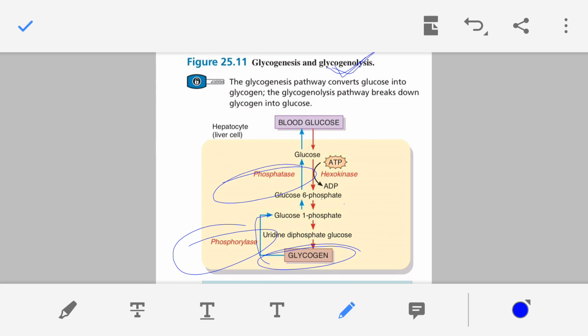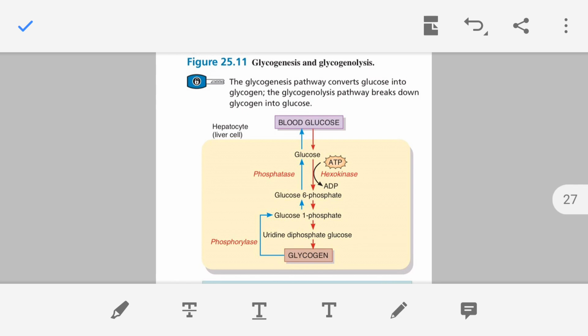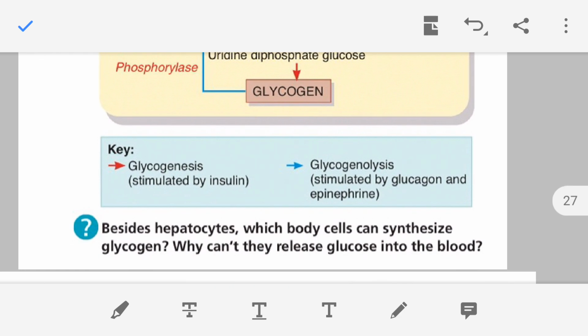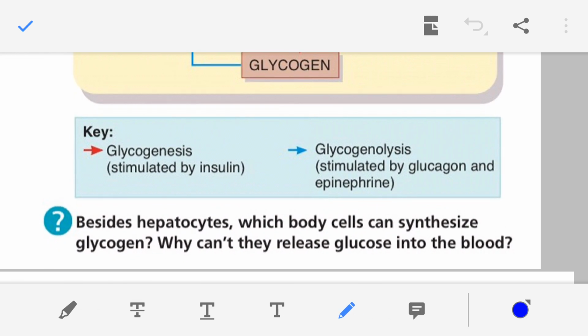So this conversion of glycogen back into glucose, that process is known as glycogenolysis. Now hormones are involved in both mechanisms. In the red arrow, glycogenesis, this process is stimulated by insulin, and glycogenolysis is stimulated by glucagon and epinephrine.